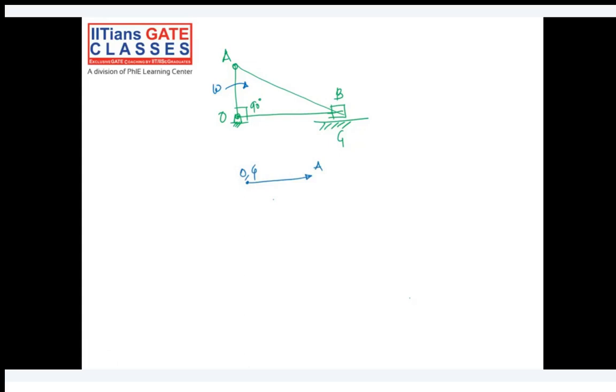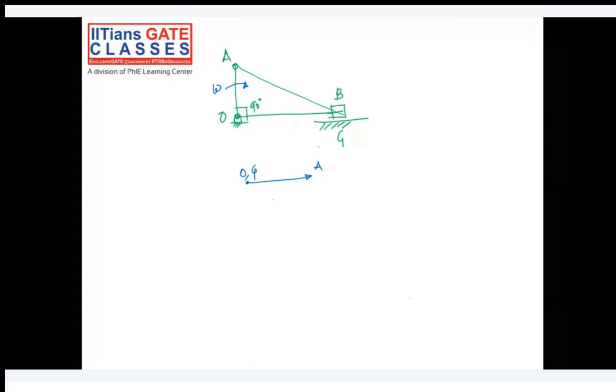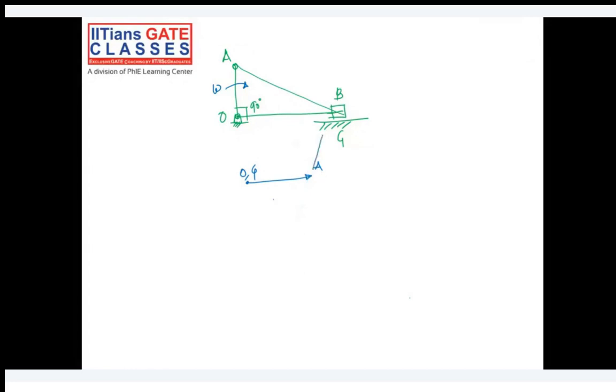Velocity of B with respect to A will be on this line, correct?